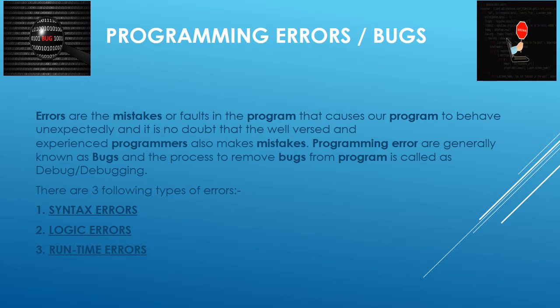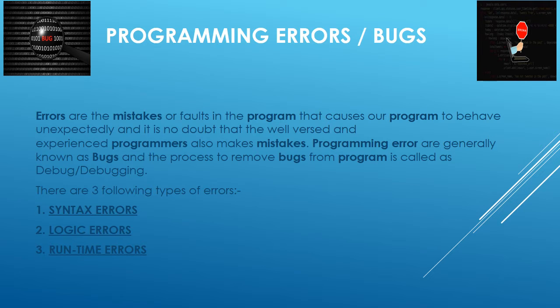And it is no doubt that well-versed or experienced programmers also make mistakes. Programming errors are generally known as bugs, and the process of finding those bugs and removing them from the program is known as debugging.